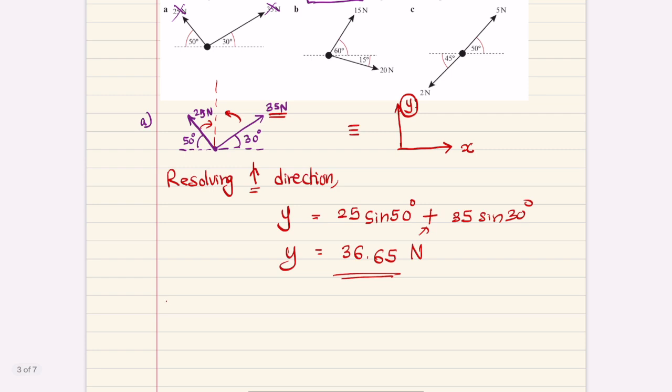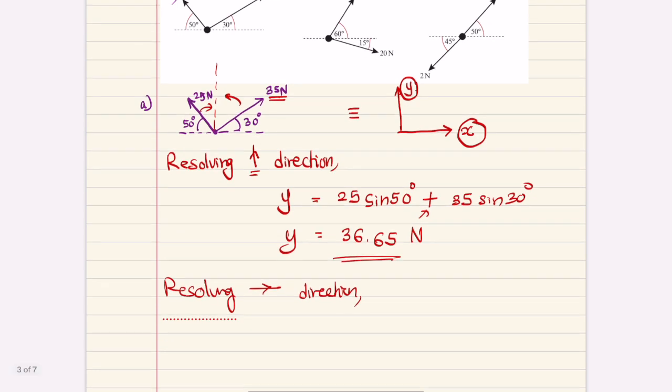So let's resolve these two forces in the horizontal direction. The component of the resultant in that direction will be X. So what are the forces acting in that direction? It will be 35 cos 30, because we are going through the angle.